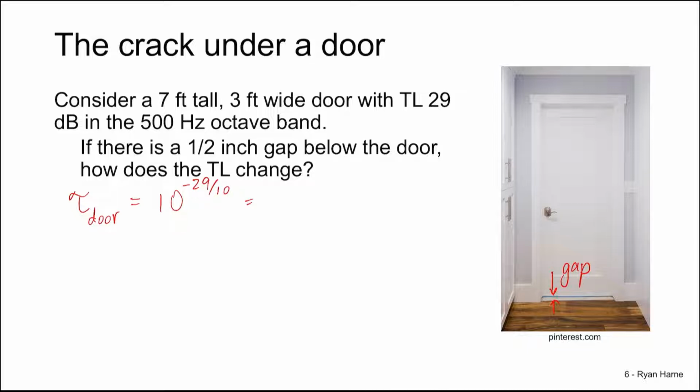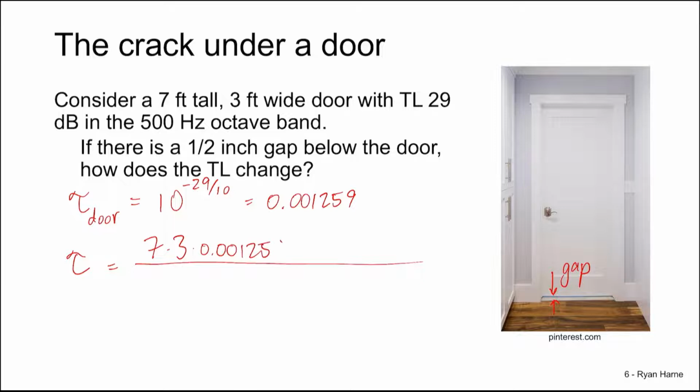This is equal to 0.001259. The composite power transmission coefficient is then found to be the following. In the numerator, we have the area, 7 times 3 feet, multiplied by 0.001259. That is the contribution from the door itself.